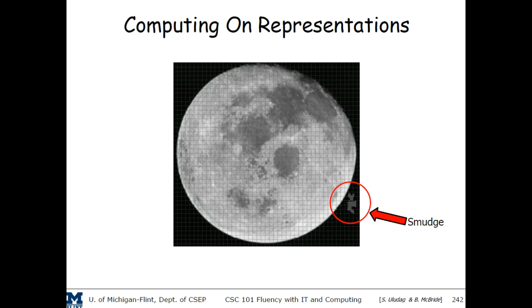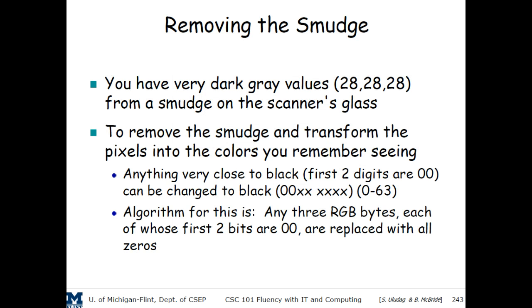The smudge was caused by something that got onto the glass of the scanner. Now the smudged areas of the picture have a dark gray value for the red, green, and blue light intensity. We'll say they have a decimal value of 28, which is relatively close to zero.